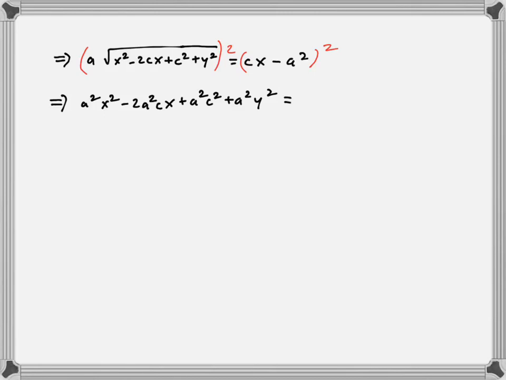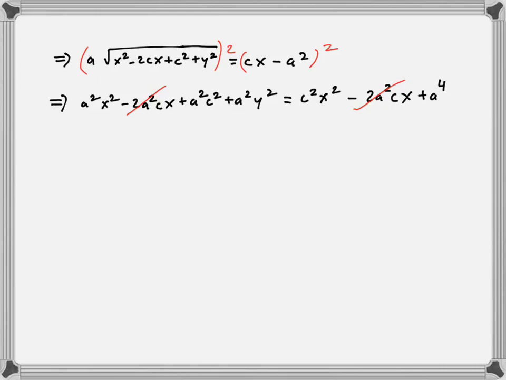On the right side, I have c squared x squared minus 2a squared cx plus a to the 4th. So what happens? This guy cancels with this guy, right? Because it's the same thing on both sides.